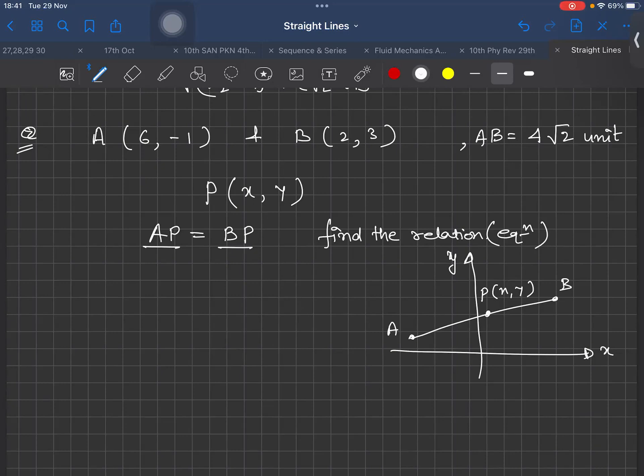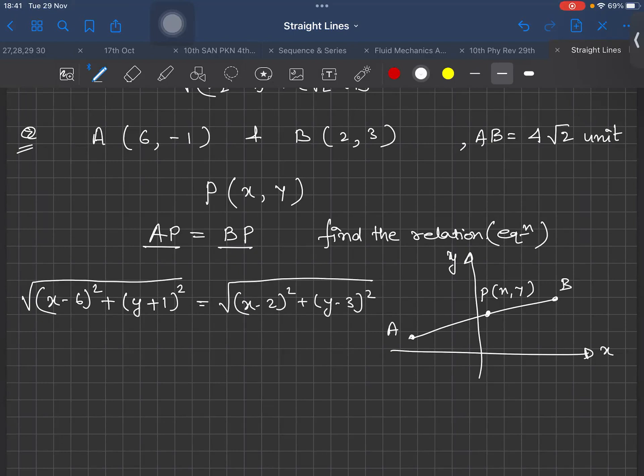That will be equal to square root of x minus 6 whole square plus y minus (minus 1), that is y plus 1 square, will be equal to square root of x minus 2 whole square plus y minus 3 whole square. So you will define a relation. The square roots will get cancelled, you don't need to write square root again.